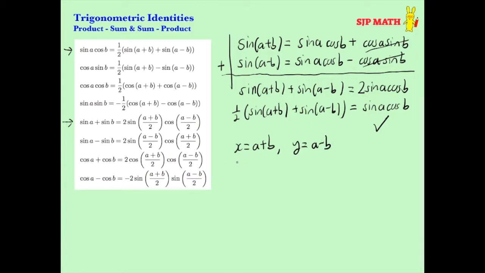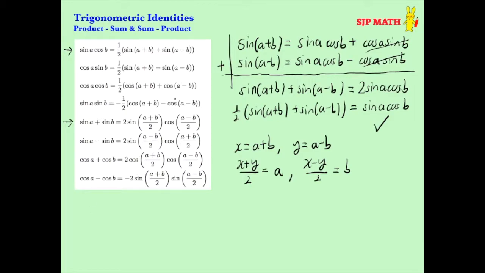Then we can conclude from here that x plus y over 2 is equal to a, and x minus y over 2 is equal to b. So let's note these four facts. We have to consider these four equations while we do our thing.